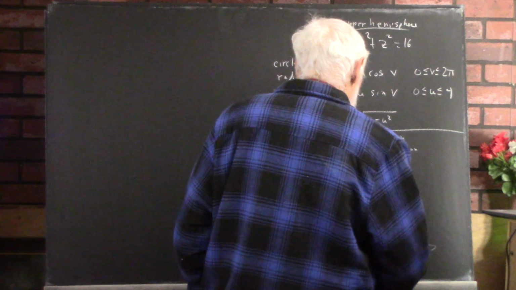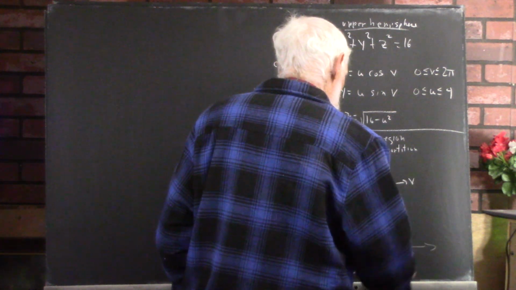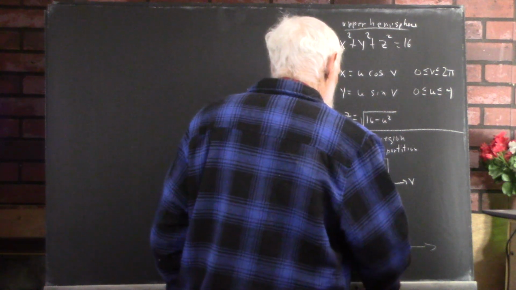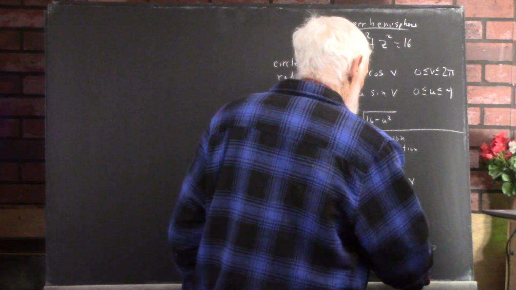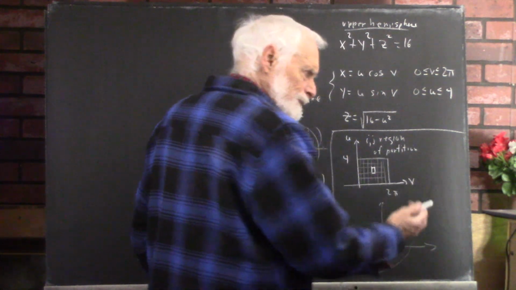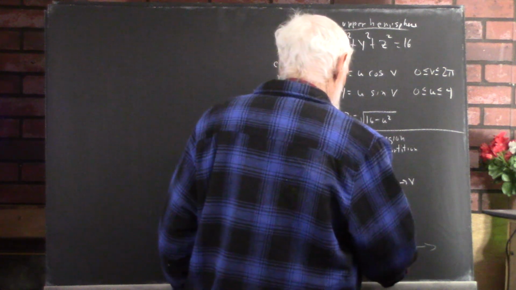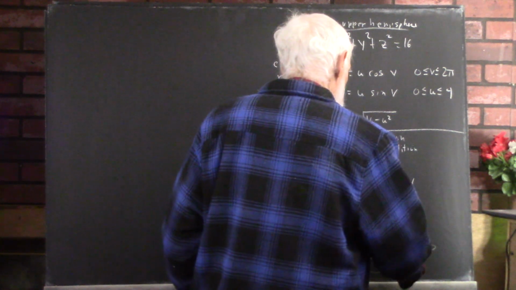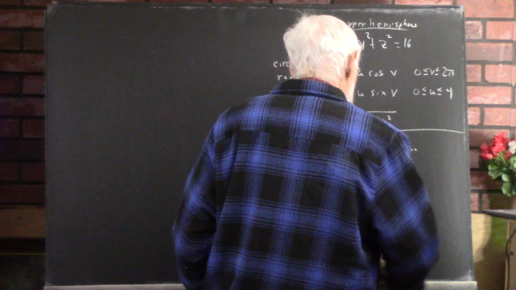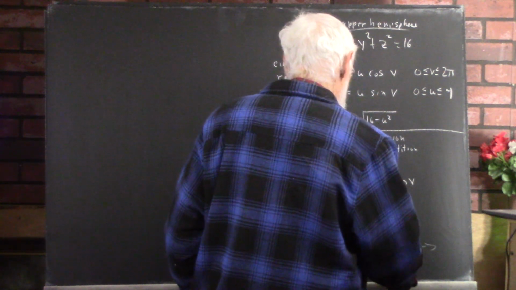Now I'll go ahead and make an attempt at a three-dimensional picture of the sphere. It's not very good. That's kind of squared off there. But we're going to have this, and we're going to have this, and then something kind of looks like this. It's got to be a little more rounded back here.